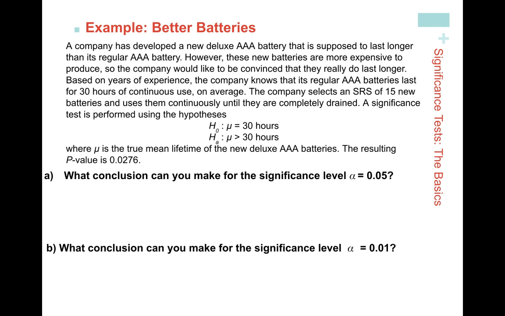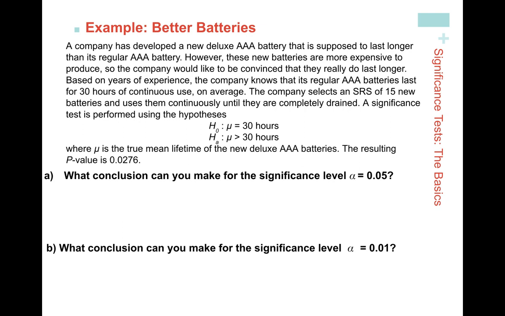Your first sentence is a statement about H null: you include your p-value, explicitly state what the value is, compare that to the alpha level, and then either reject or fail to reject H null. So our first sentence is, because our p-value of 0.0276 is less than alpha equals 0.05, we reject H null.